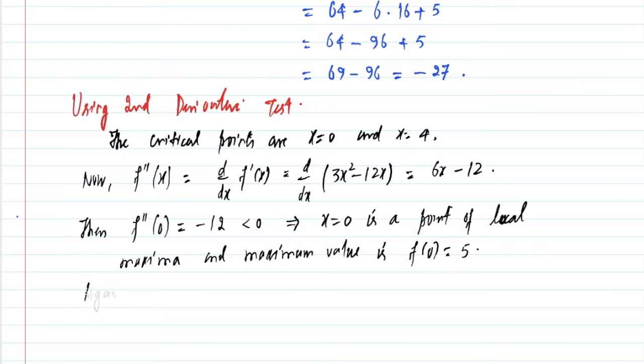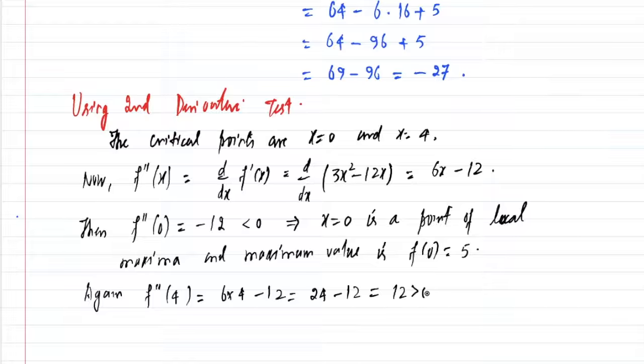Moreover, f double dash of 4 is equal to 6 into 4 minus 12, which is equal to 24 minus 12, which is equal to 12, and this is greater than 0.